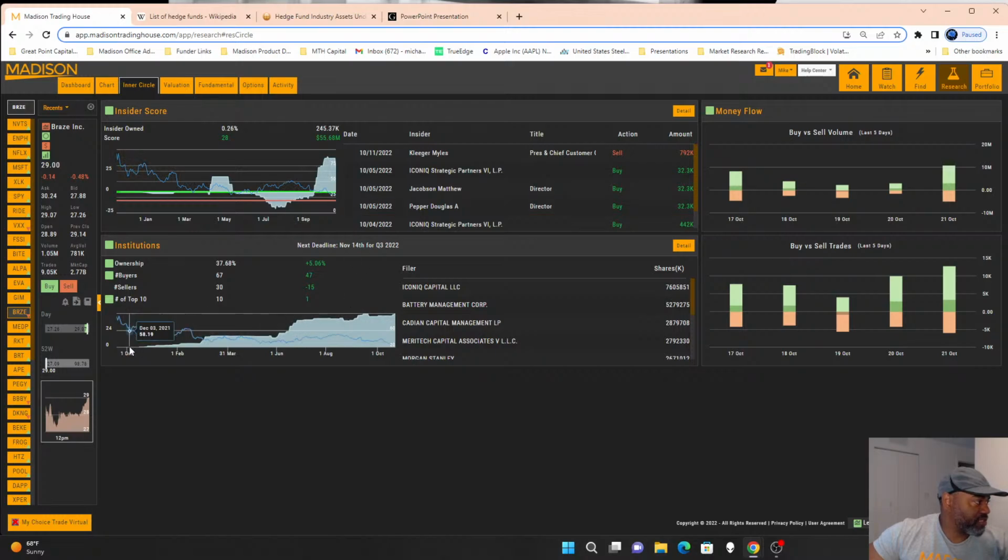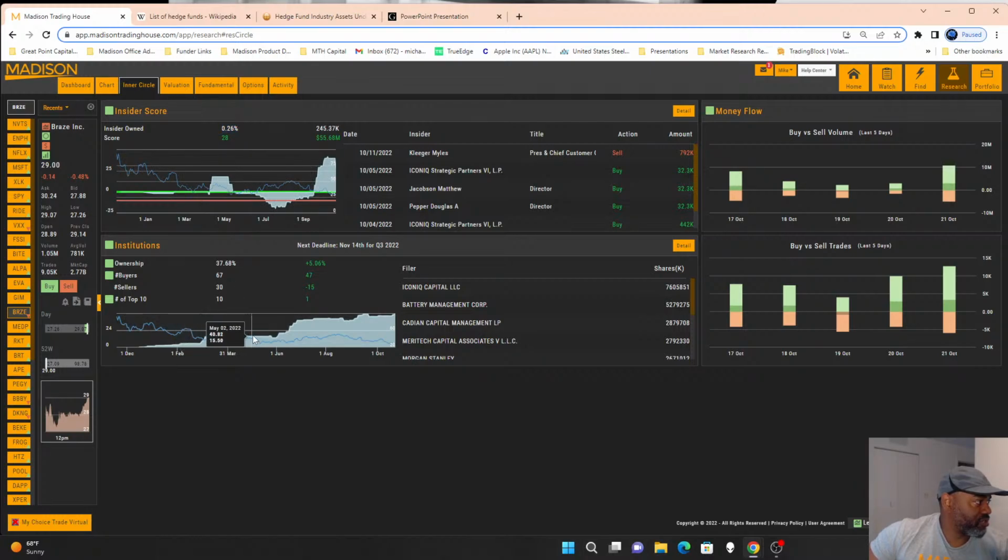But this is what I see that really gets my attention, this really clear pattern of increasing buying from institutions. They're at 37.68%. Insider activity is very small because this doesn't have a lot of insider ownership. It's only 0.26%, right? So if I look down here, this is actually not looking so bad.